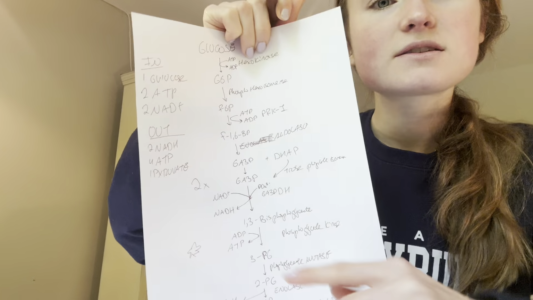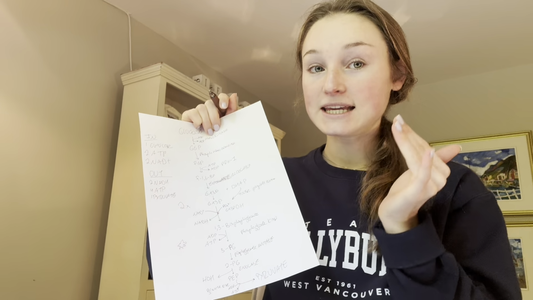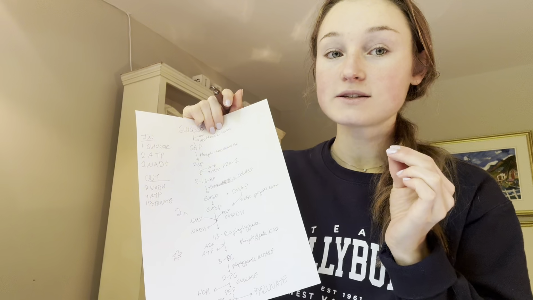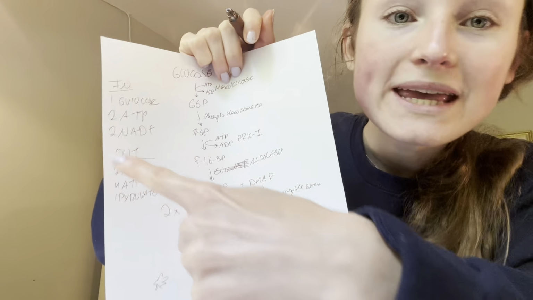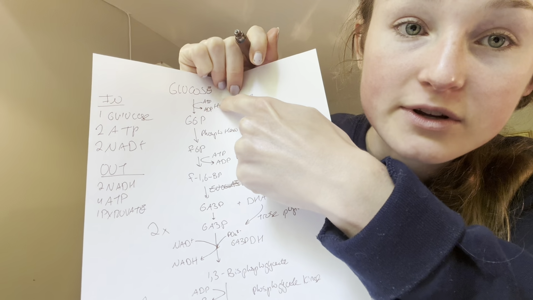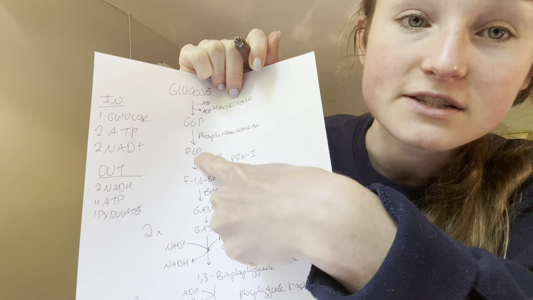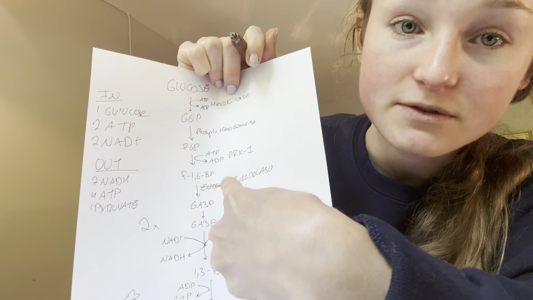So the inputs here, the outputs here. The net ATP yield of glycolysis is 2. We invested 2 ATP because we had to phosphorylate glucose, and then we had to phosphorylate fructose 6-phosphate into fructose 1,6-bisphosphate.